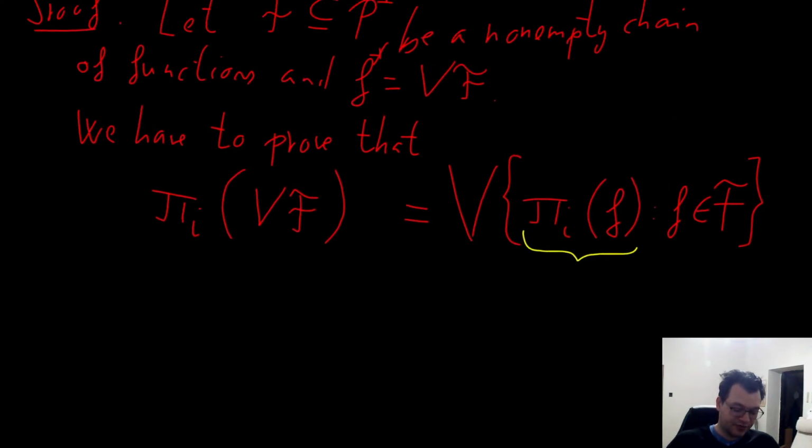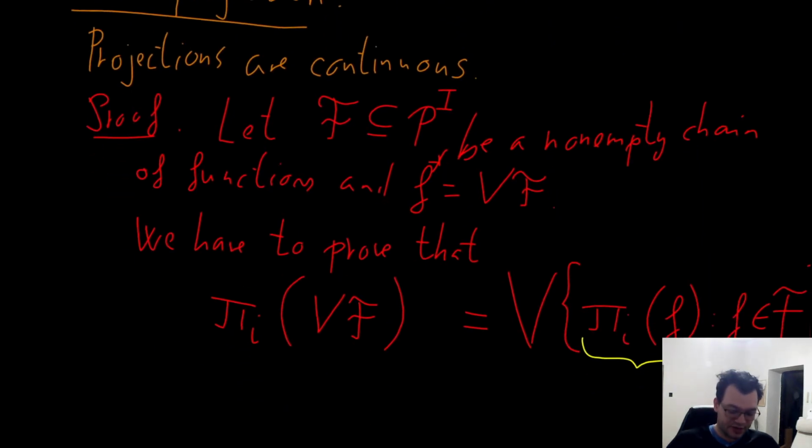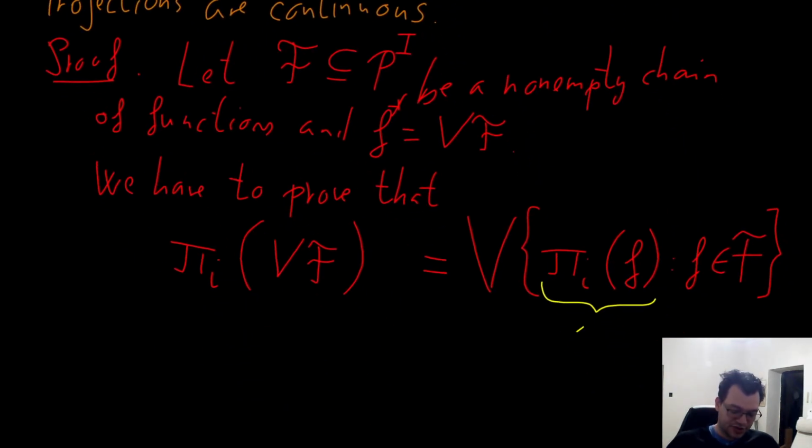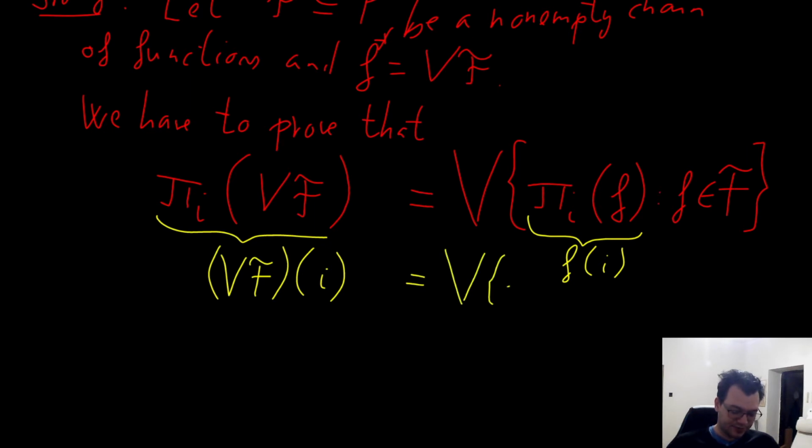Pi of f star. If you just check the definition, pi of u is u of i, so pi of f star is f star of i. So this is just f star of i. Okay, and what's this? Again, this is just the supremum of the values f of i, for f in the set of functions.